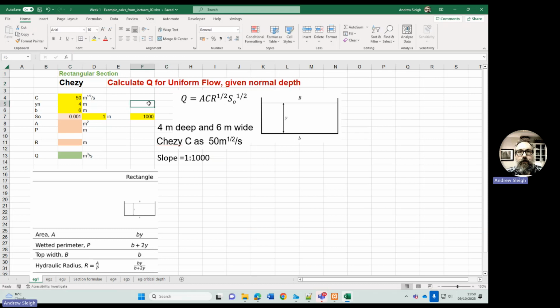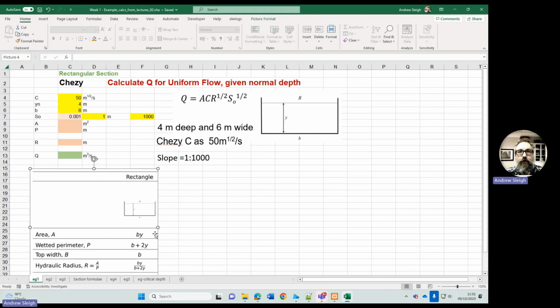We were given these values all in yellow. And just remember the convention that I'm going to use. All cells that are in yellow, the values have been given in the question. And cells that are in these pinky colours are intermediate calculations, and cells that are green are solutions.